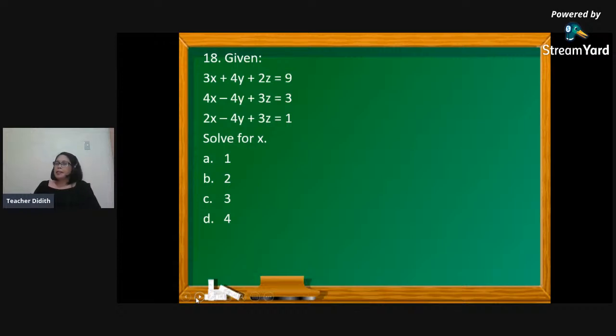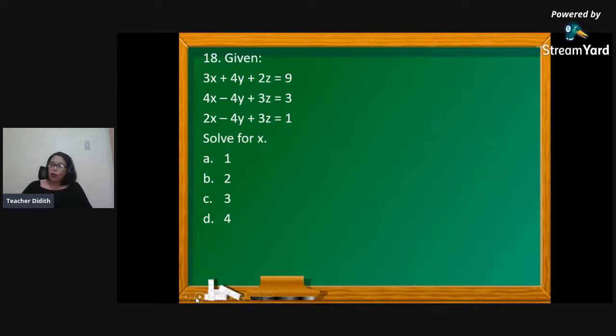Now, since x is us, try not to eliminate x. Okay? So that you will have a shorter solution. Instead, you decide to eliminate either y or z. But in the example, it's very obvious that we will eliminate y first.